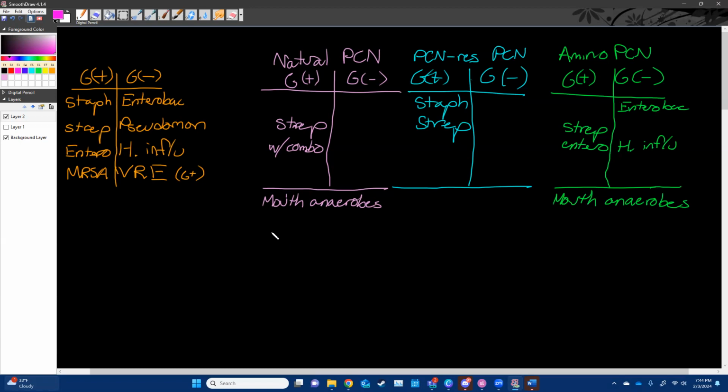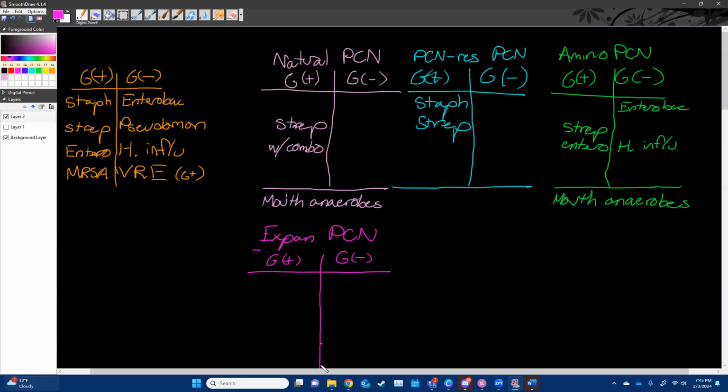So our expanded spectrum penicillins, these guys are the ones that are covering Pseudomonas. And Pseudomonas is a killer bacteria. Pneumonia, lots of pneumonia.